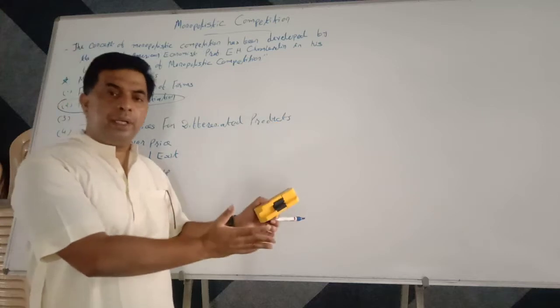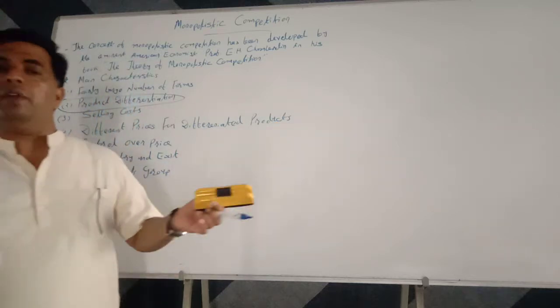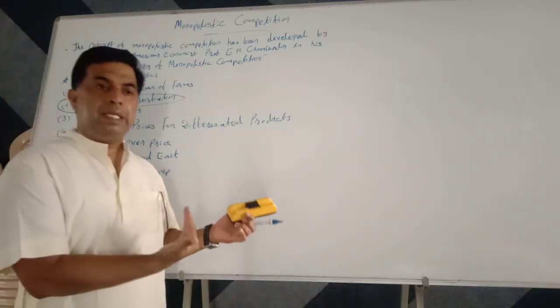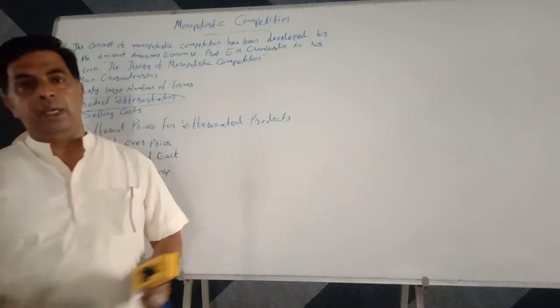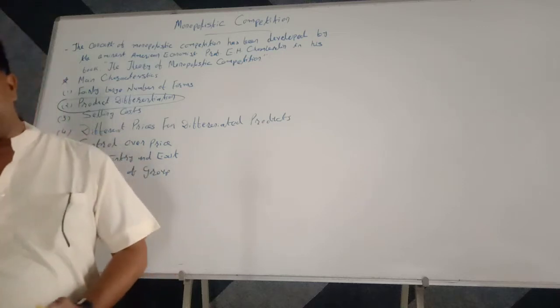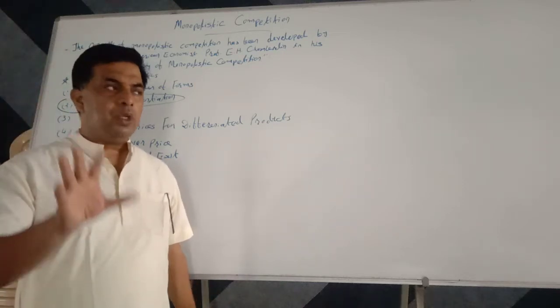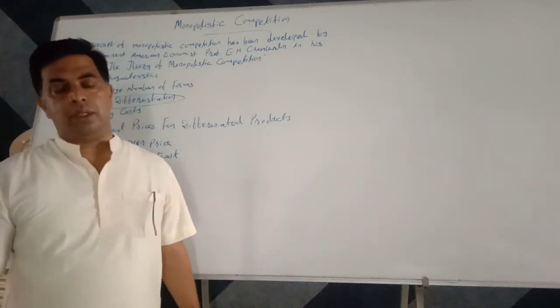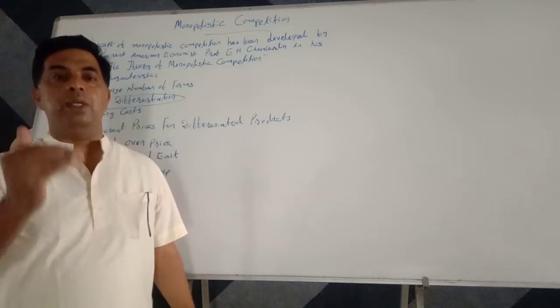एक कंपनी ये कर रही है, दूसरी कंपनी ये नहीं कर रही है, तो वो प्रोडक्ट डिफरेंशिएशन हो गया। एक कंपनी क्रेडिट फैसिलिटीज दे रही है, दूसरी कंपनी नहीं दे रही है। एक कंपनी एक्सेप्टेंस ऑफ अनसोल्ड स्टॉक कर रही है, बाकी की नहीं कर रही है। So get my point, it will also create differentiation in the minds of consumers.